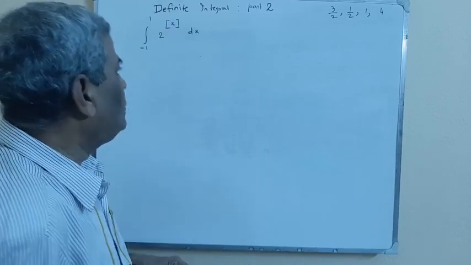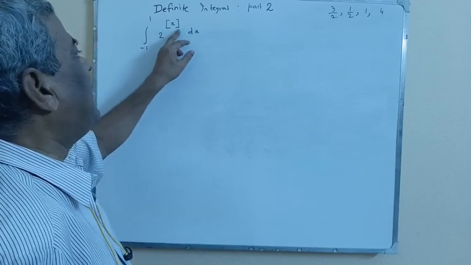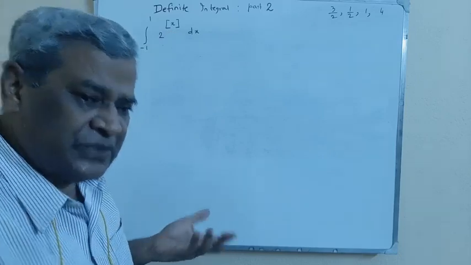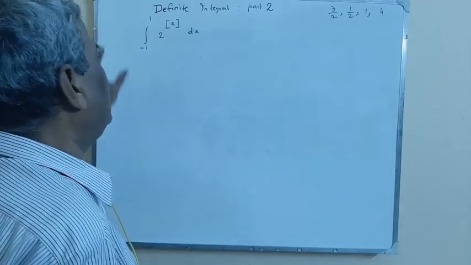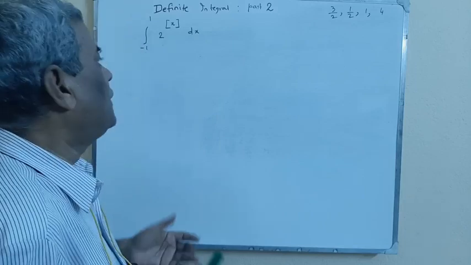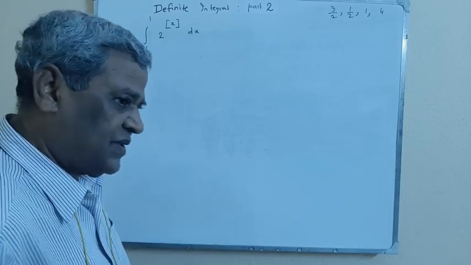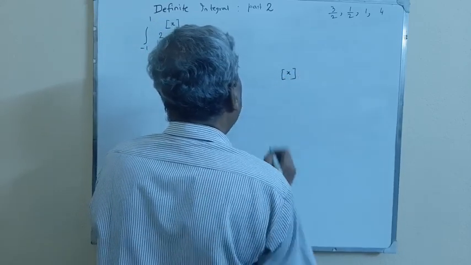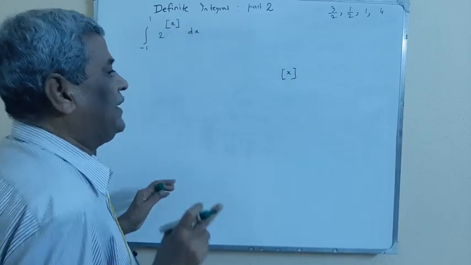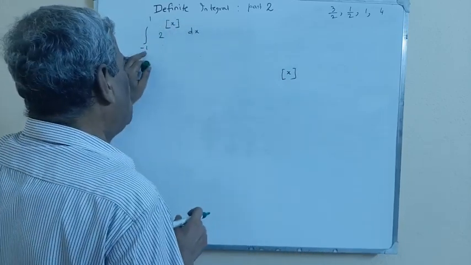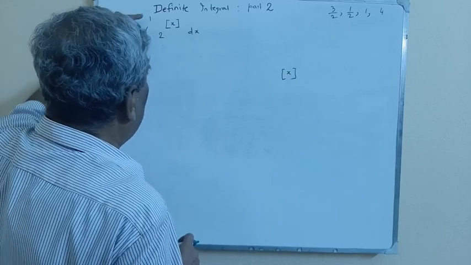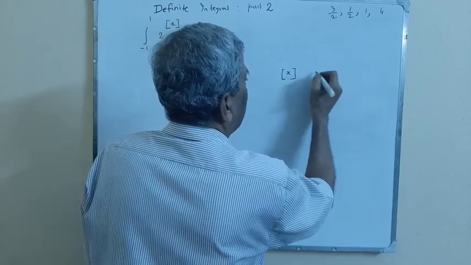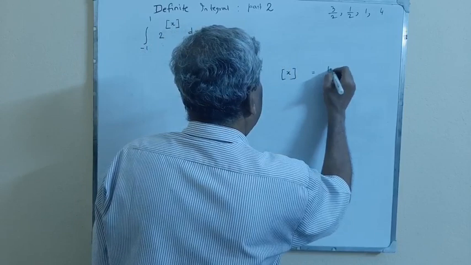About this third bracket x, the integral part of x, I have told you many times. Simply, I can tell you, if the limit is 2 consecutive integers, then [x] will be equal to the lower limit. Once again I am repeating, if the limit is 2 consecutive integers, then it will be the lower limit.